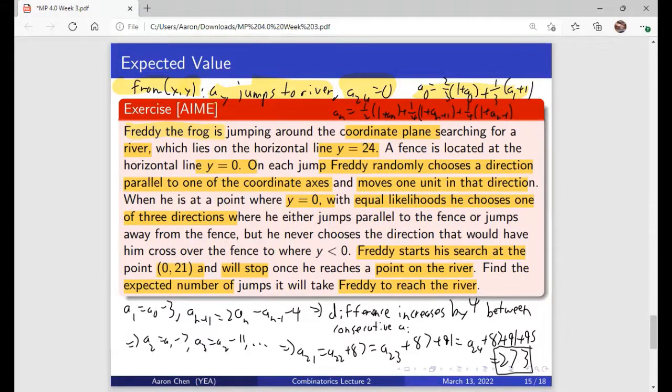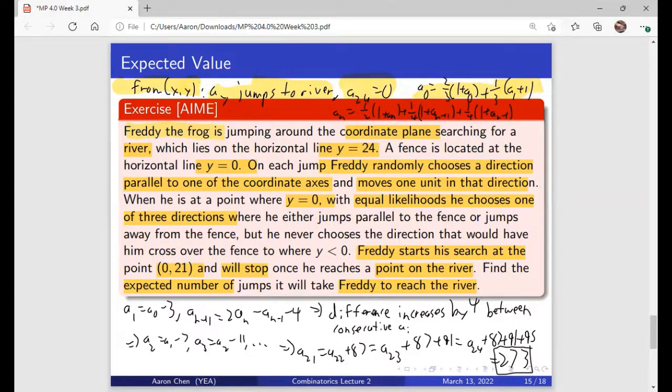So we would put that as 2/3 times a_0 plus 1. And the reason for the plus 1 is simply just because Freddy has made 1 move. And the other chance is that Freddy moves up and into a_1. So it's a 1/3 chance of a_1.